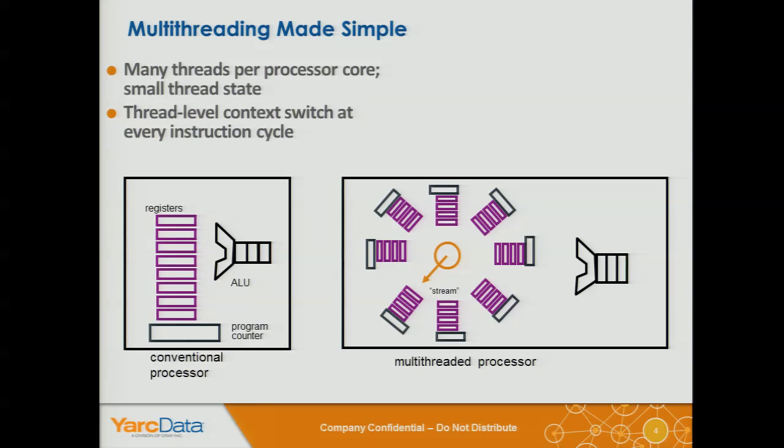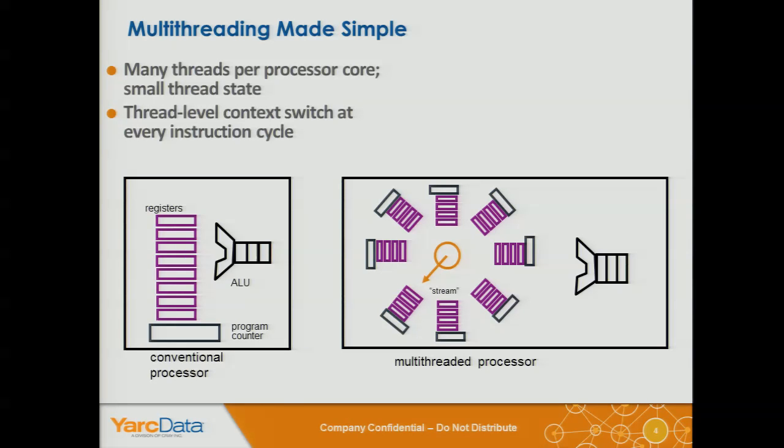Okay. You can see that this is the same diagram that John put up earlier, but just try to explain it in a little more detail. Basically, you have the register set and program counter for each conventional processor, which feeds the arithmetic logic unit.